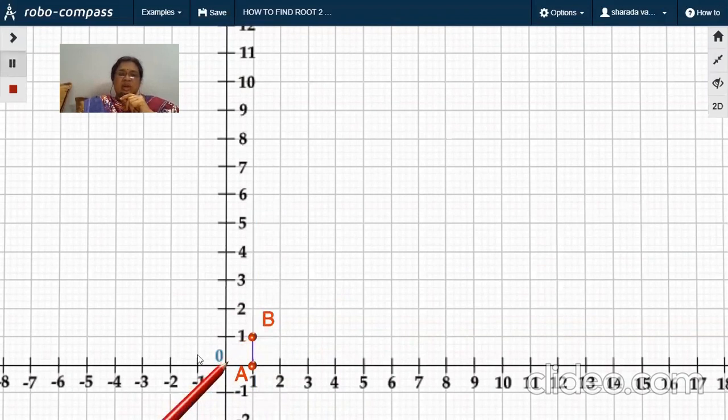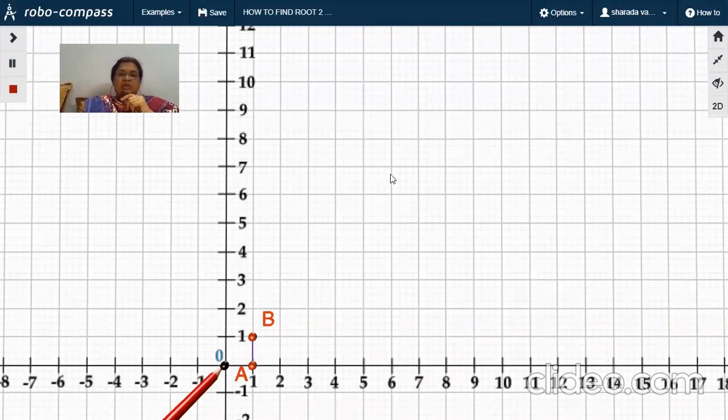On the graph paper you have to draw x-axis, y-axis like this, and plot the points like this, and you take 1 centimeter distance. You locate the point A, which is 1 unit distance. Again you have to locate the point B, which is also 1 unit distance like this. See here.